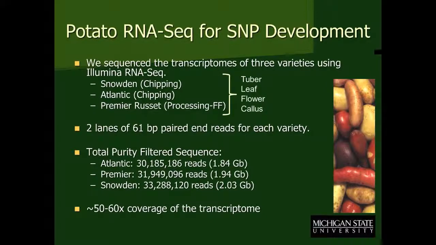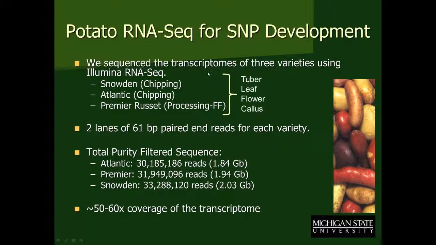Just for people that are not familiar with the SNP development as part of the SolCAP project, our SNPs were developed from elite germplasm, so we used 3 varieties, Snowden, Atlantic and Premier Russet. And from those lines we collected RNA from 4 different tissue types, as you see here: tuber, leaf, flower, and callus.